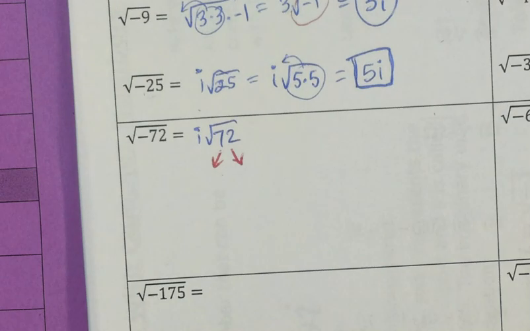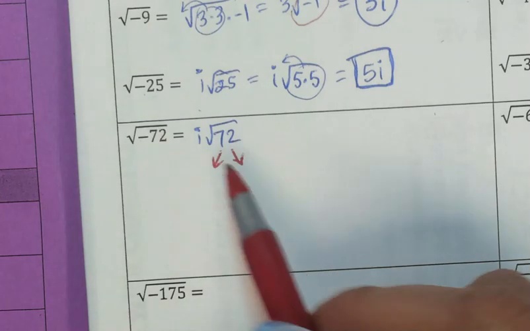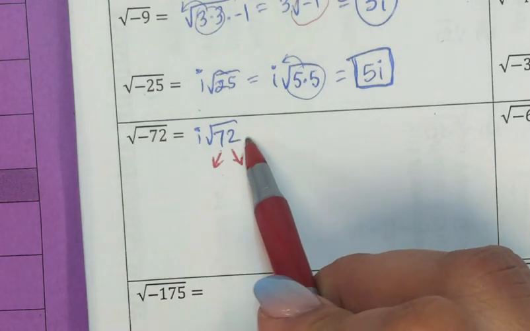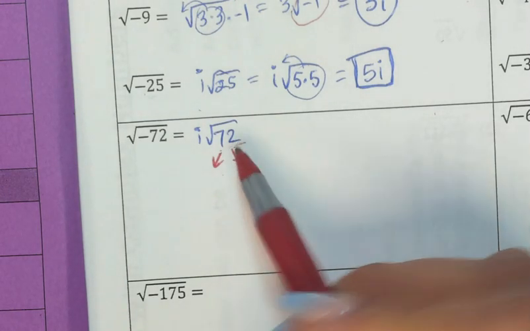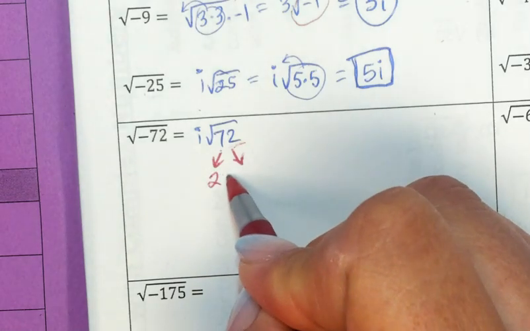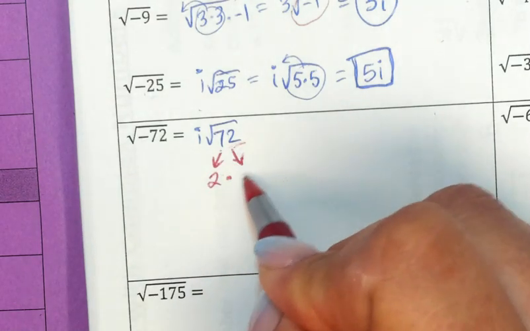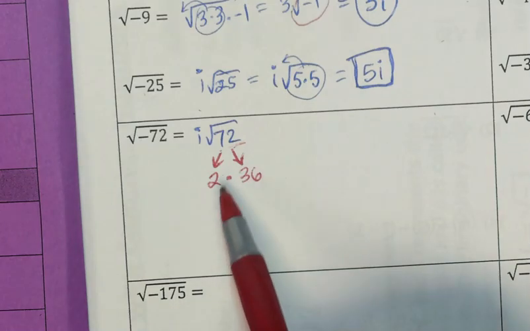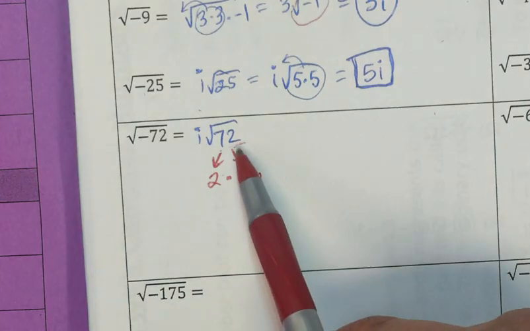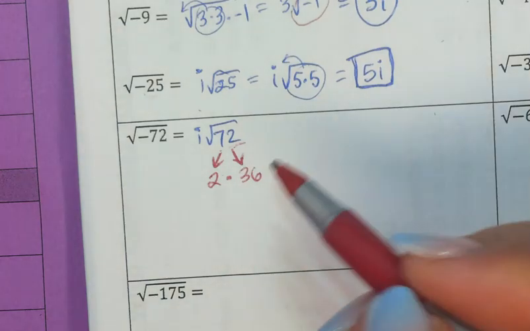Students may or may not know the factors off the top of their head. So I recommend that if you don't, you can always go by, okay, it's an even number, so we can divide by 2. And 72 divided by 2 is 36. So this is another method of breaking down the numbers all the way to primes.